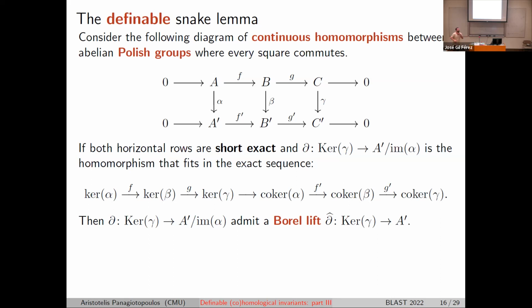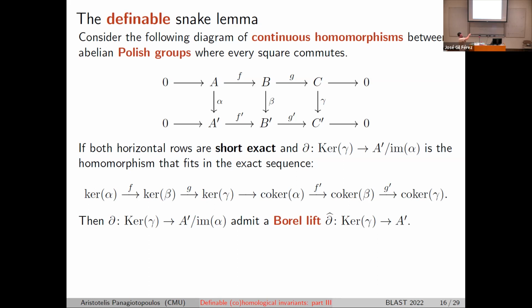Just to clarify, this map that you're going to get from the kernel of G to the co-kernel, this one here. So that's not going to be continuous or anything. It's going to be definable. Or it's going to be Borel. Well, the map from here to the co-kernel, I haven't yet explained what the topology is.